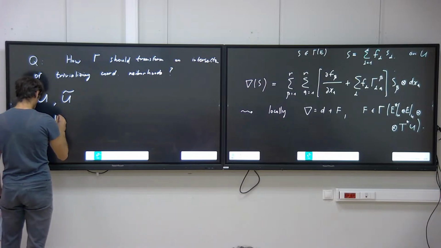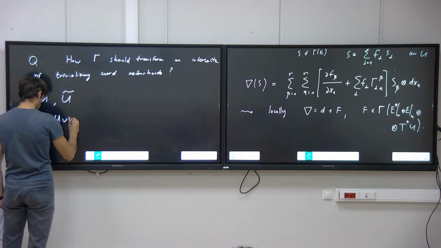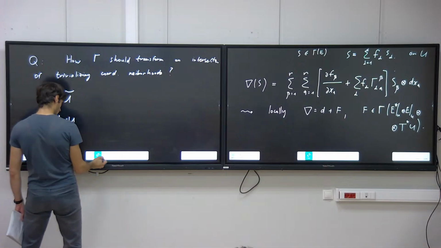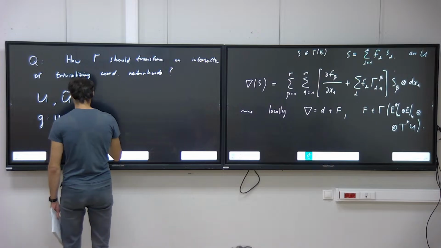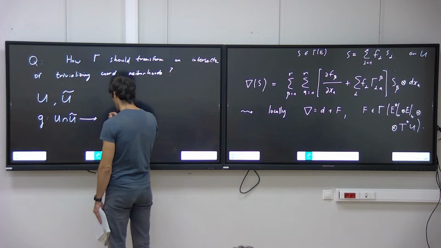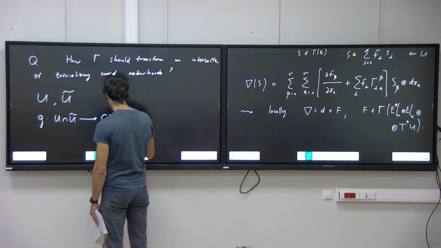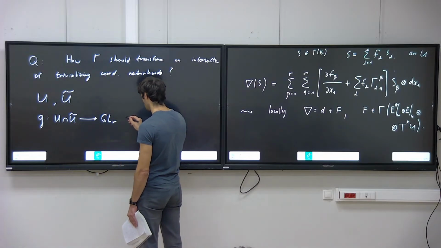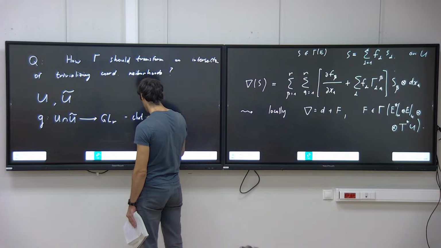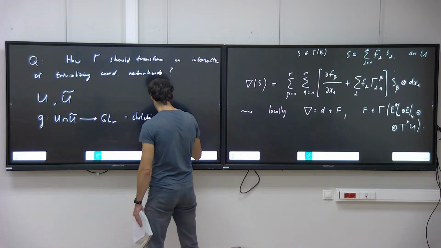This is a function from the intersection of U and U tilde to GL r. So it's the clutching function.